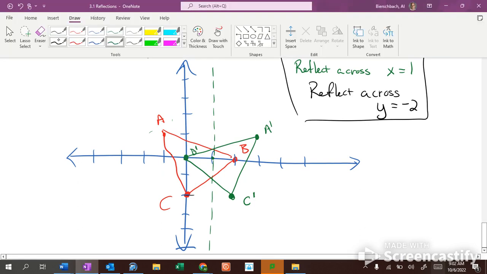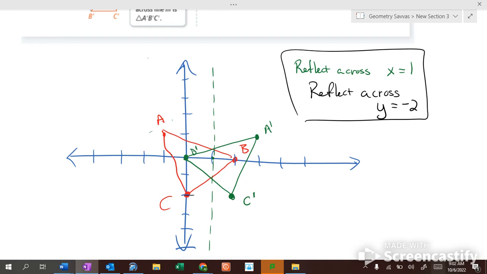Now let's reflect across the line y equals negative 2. Y equals negative 2 contains the points 0, negative 2, 1, negative 2, negative 2, negative 2, and so on. So it's a horizontal line right there. Okay? So, if C is on the line, C stays on the line.